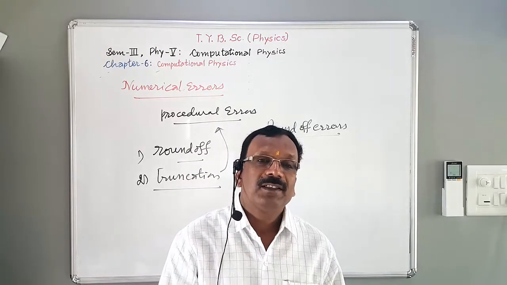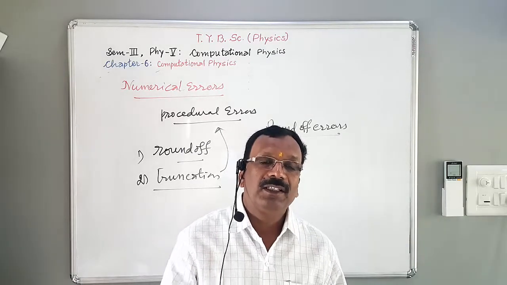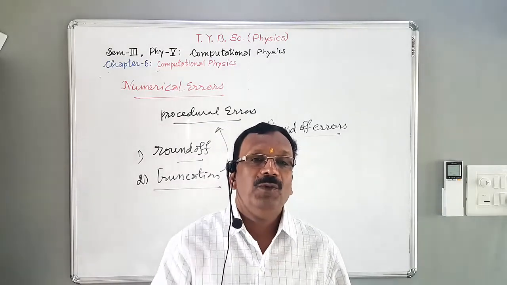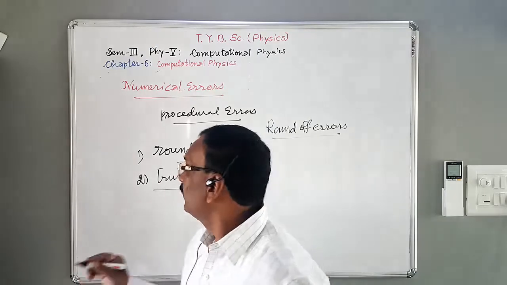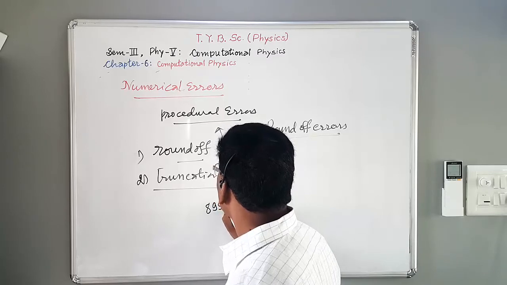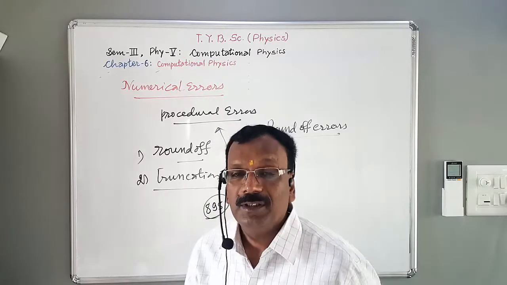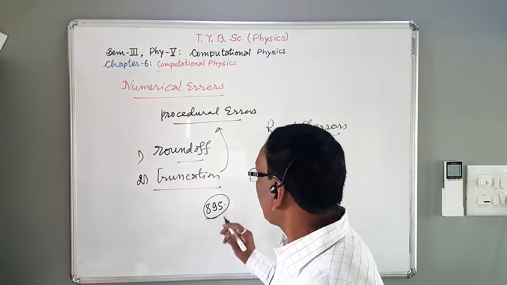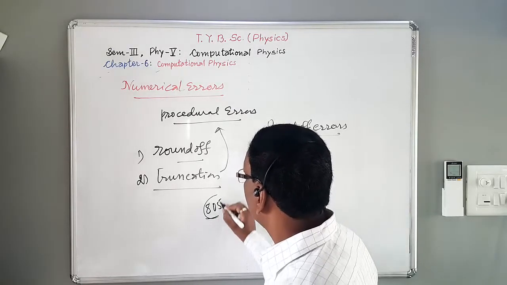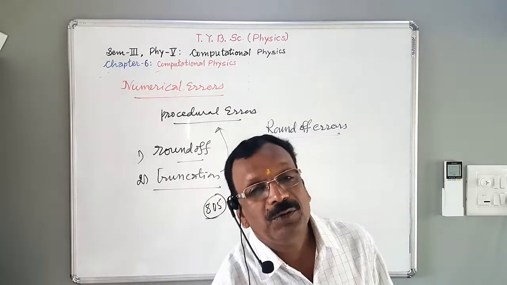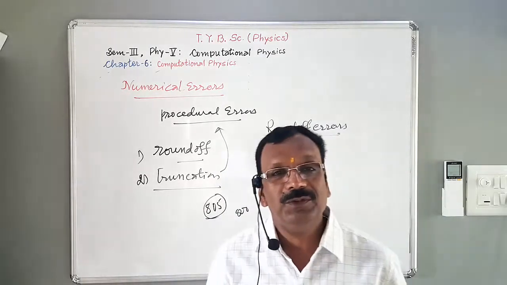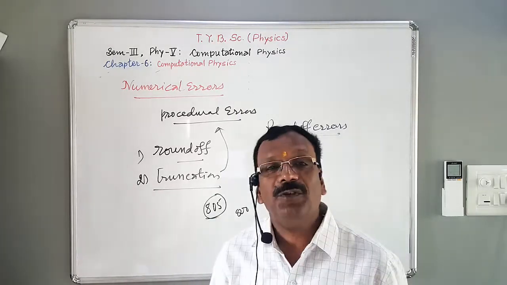If we purchase something in a store and the price of that bill is 805, we try to give 800 rupees, or we request the shopkeeper to please make it a round figure.